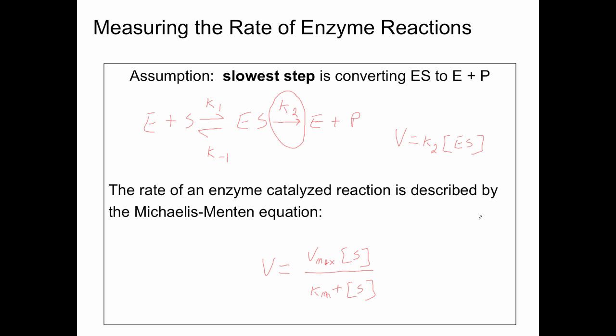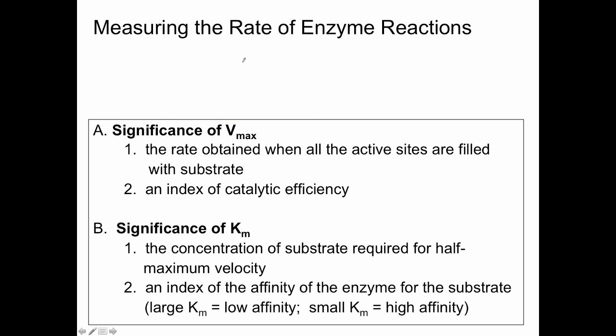Let's look at this graphically. But first, what are Vmax and Km, and what is their significance? Well, let's draw out that equation again. And you can see here that Vmax is the rate obtained when all the active sites on the enzyme are filled with substrate.